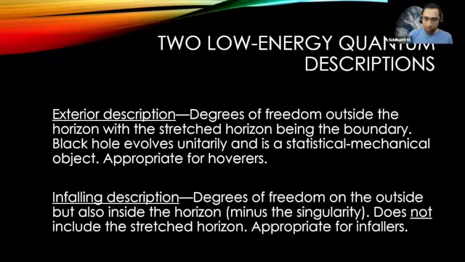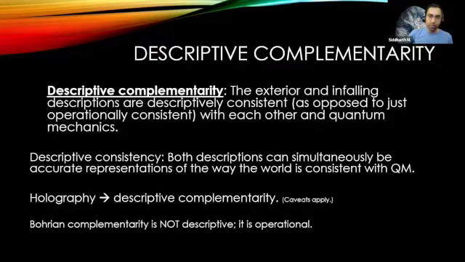So you have these two descriptions of a black hole. Let's try this complementarity principle, which I call descriptive complementarity. This simply says that these two descriptions are descriptively consistent with quantum mechanics. By descriptively consistent, what I mean is that they can be simultaneously true or accurate representations of the way the world is, while being consistent with quantum mechanics.